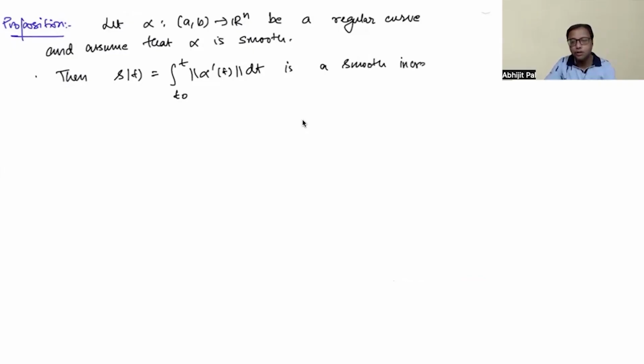The increasing part we have already seen, and because alpha is smooth, s will also be a smooth function.